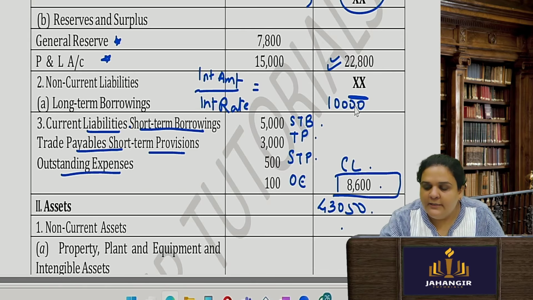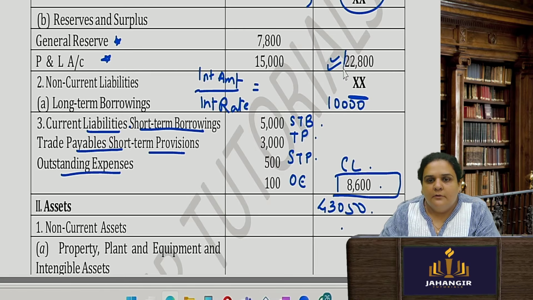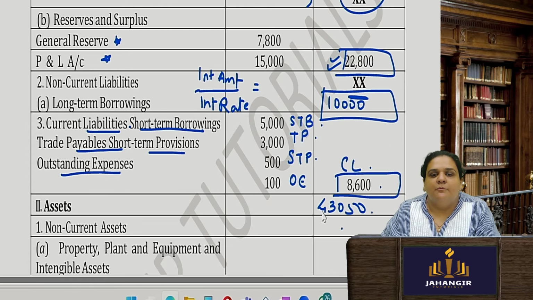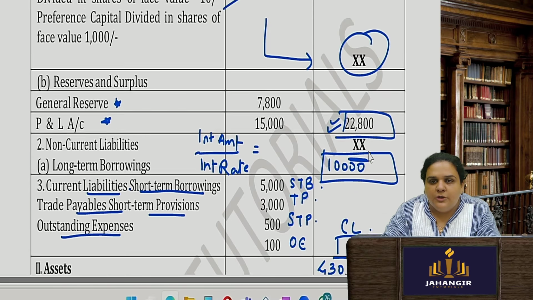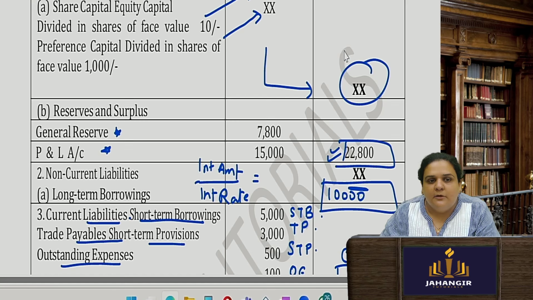So from 43,050, remove 8,600. Remove 10,000. And remove 22,800. All these figures, remove it. Remove this, and remove this from 43,050. So your equity share capital and preference share capital will become 1650.